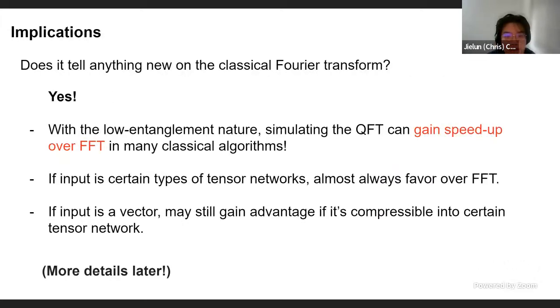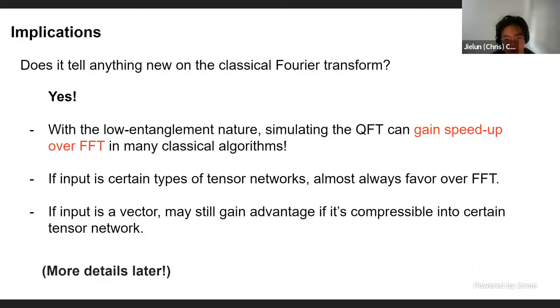So does it tell anything new on the classical Fourier transform? This answer turns out to be yes, because with the low entanglement nature, simulating the QFT can actually gain speed up over fast Fourier transform in many classical algorithms. So for example, if the input is certain types of tensor networks, we almost always favor simulating QFT on it over doing just naive fast Fourier transform.